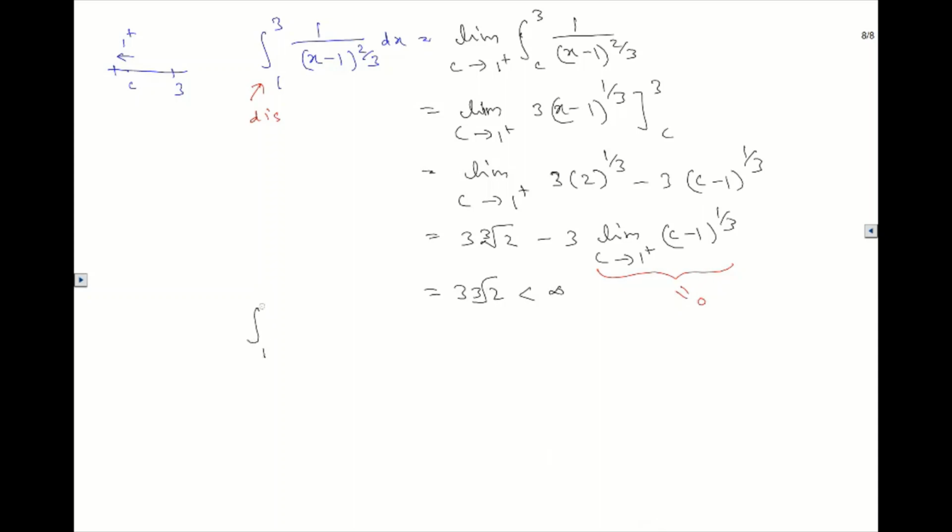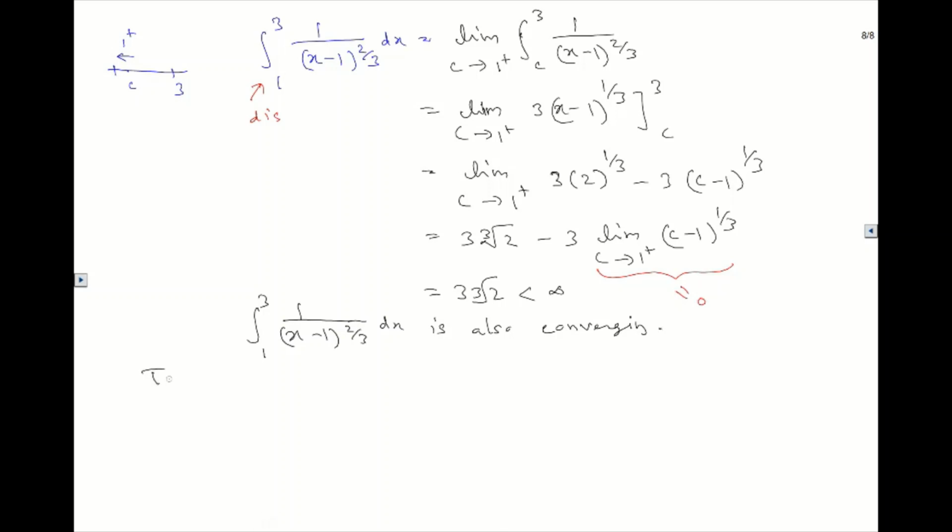So that means the integral from 1 to 3 of (x minus 1)^(-2/3) dx is also converging. So that means the total integral converges, because this converges.